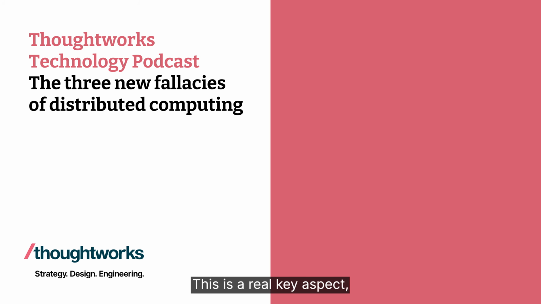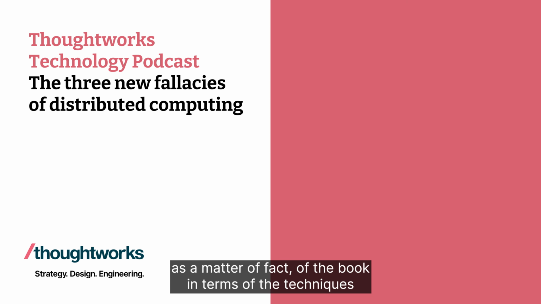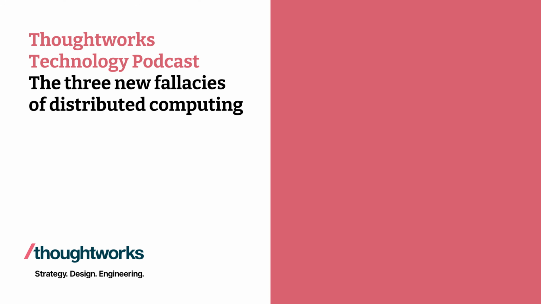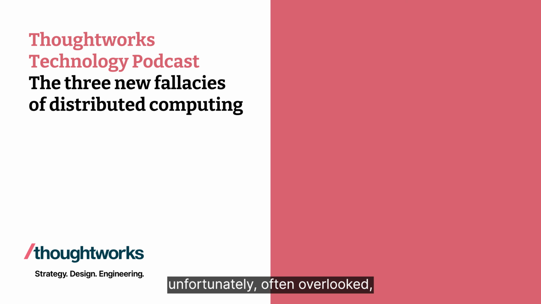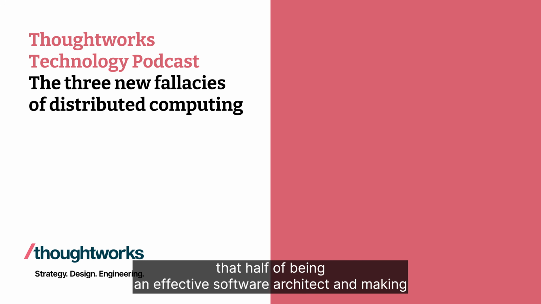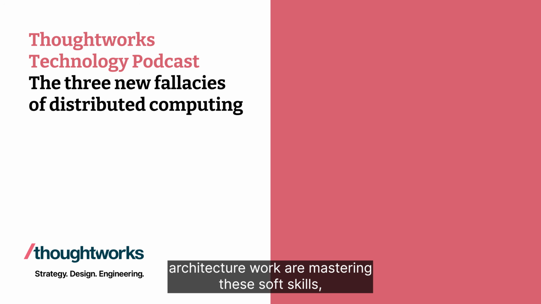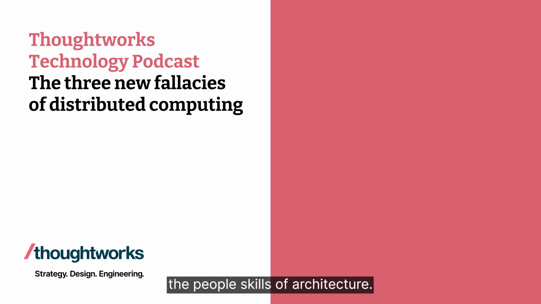And this is a real key aspect, a full third part, as a matter of fact, of the book in terms of the techniques and soft skills. But I will say one that is unfortunately often overlooked, and Neal and I cannot stress enough that half of being an effective software architect and making architecture work are mastering these soft skills, the people skills of architecture.